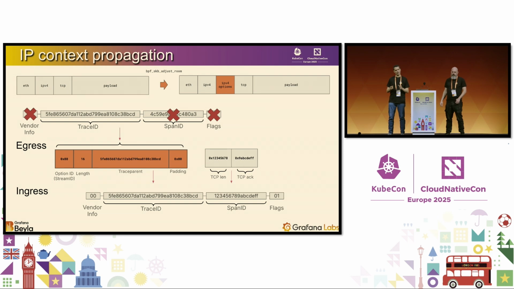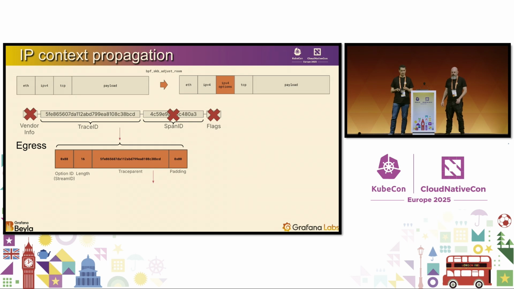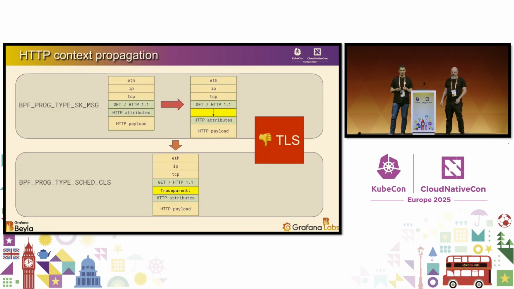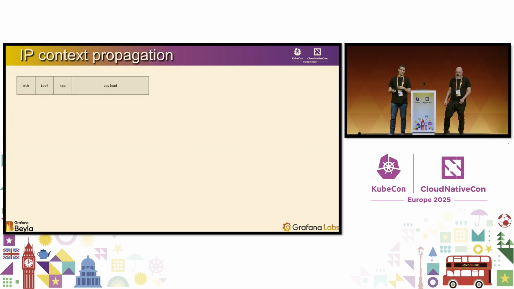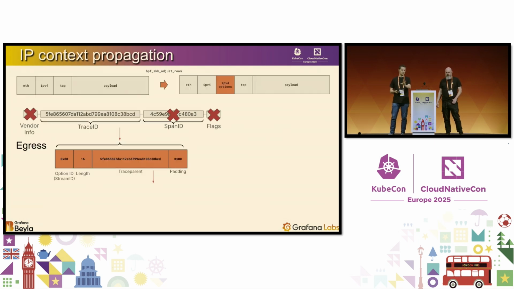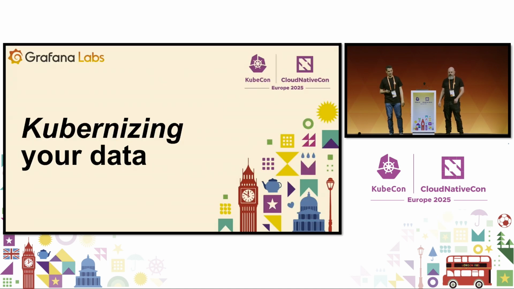So that way we can overcome secure connections and pass context. The inconvenience of this is that this allows Beyla to interact with other SDKs, all the OpenTelemetry SDKs, while this requires that all the services are instrumented with Beyla.